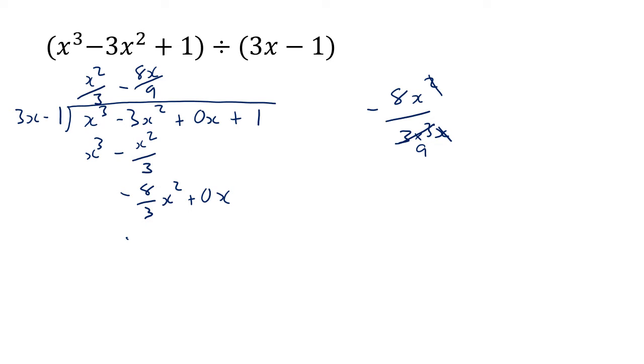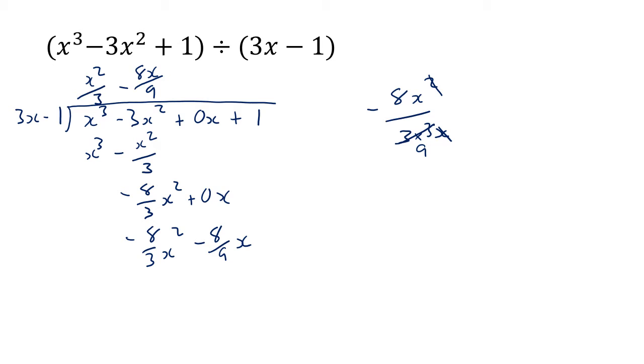So we're doing minus 8 over 3 x squared, and then minus 8x over 9 times minus 1 is minus 8 over 9x. Am I getting that right? Okay. Then we've got to do the subtraction, this minus this.